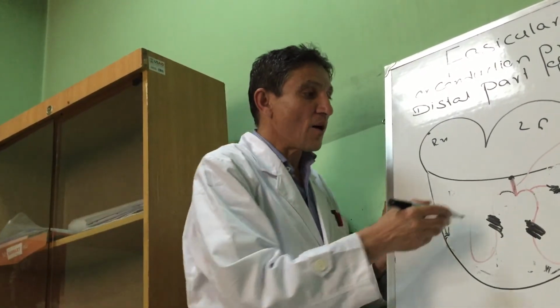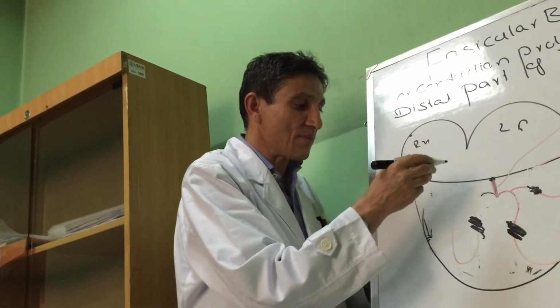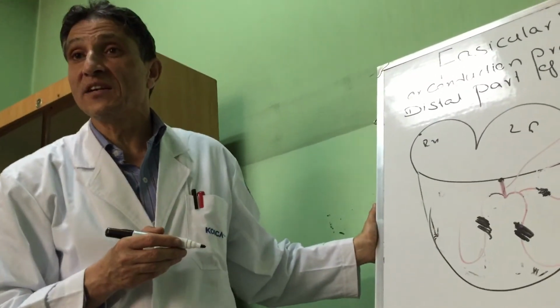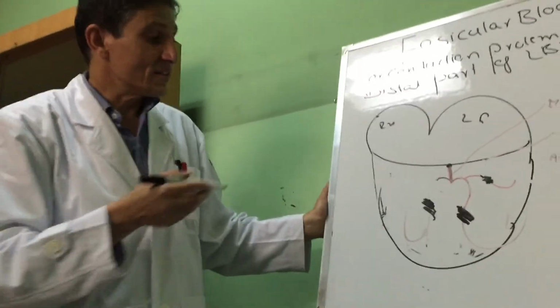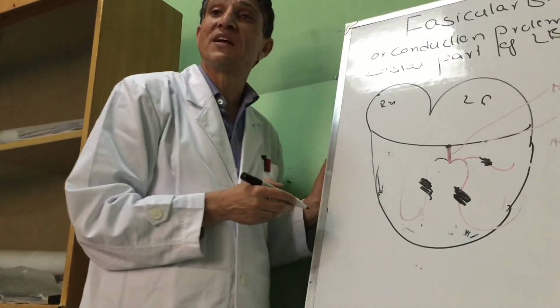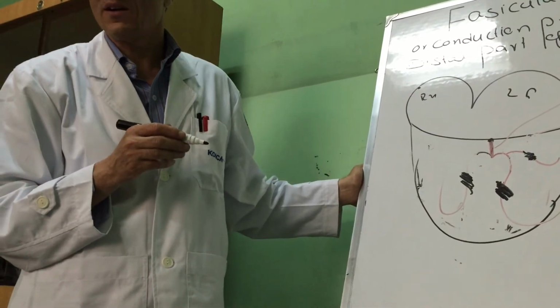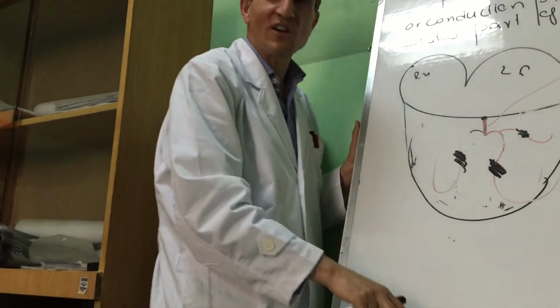And finally, the combination of anterior fascicular block and right bundle branch block associated with first degree AV nodal block is called trifascicular block. Trifascicular block is equivalent to complete heart block. This was about the fascicular blocks.